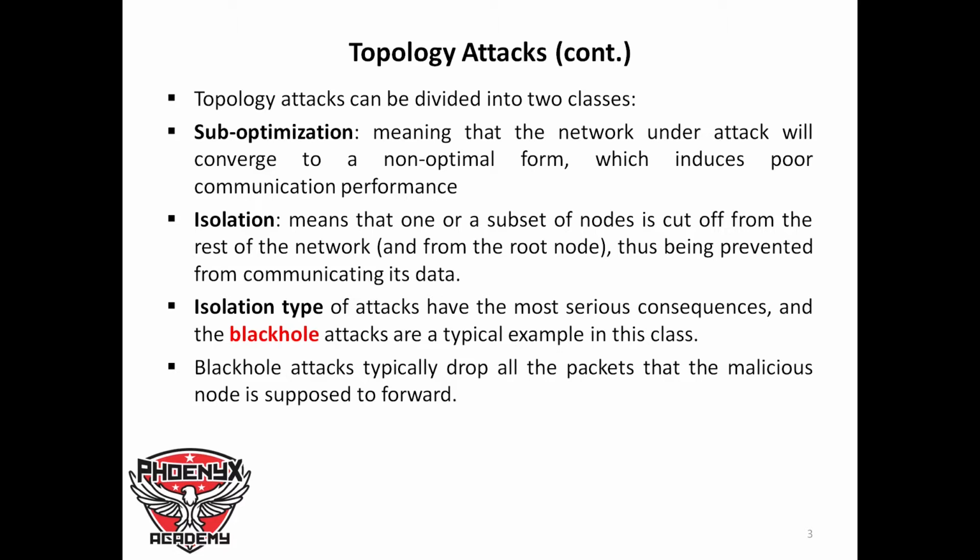In a black hole attack, a malicious parent serves as the black hole attacker, and any packet that is meant to be relayed upward to the root node will be dropped by that malicious parent, so the packet will not travel to the root node.